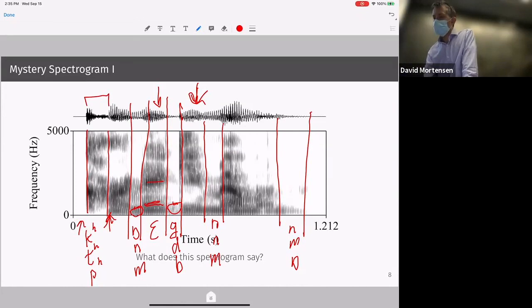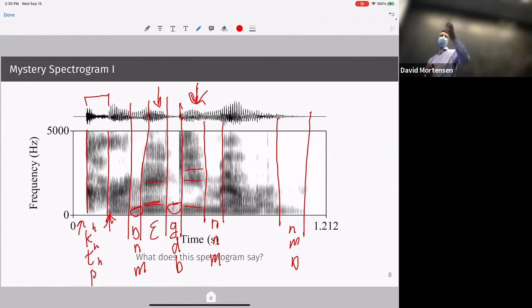Is F1 high or low? It's actually a little bit lower. It's down here, almost merged with F0. And then F2 is way up here, very close to F3. So how is this vowel different from the E vowel that we saw before?